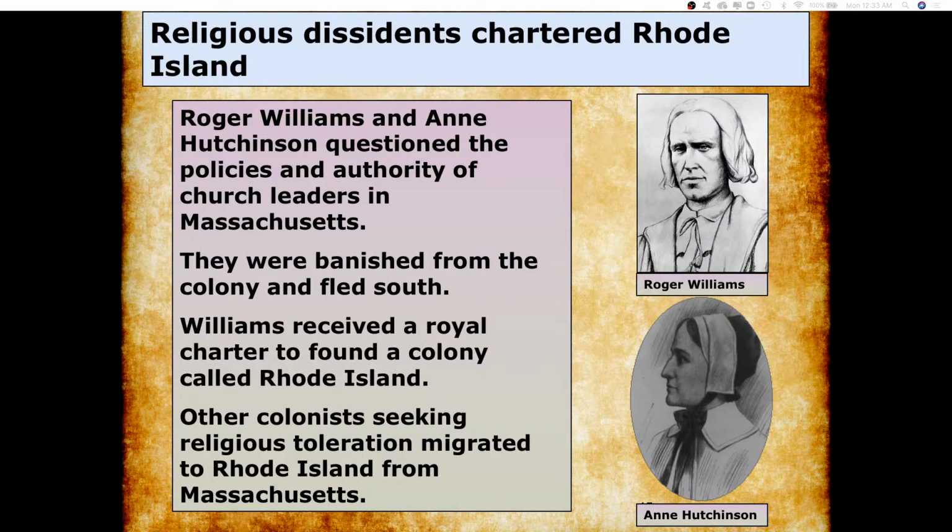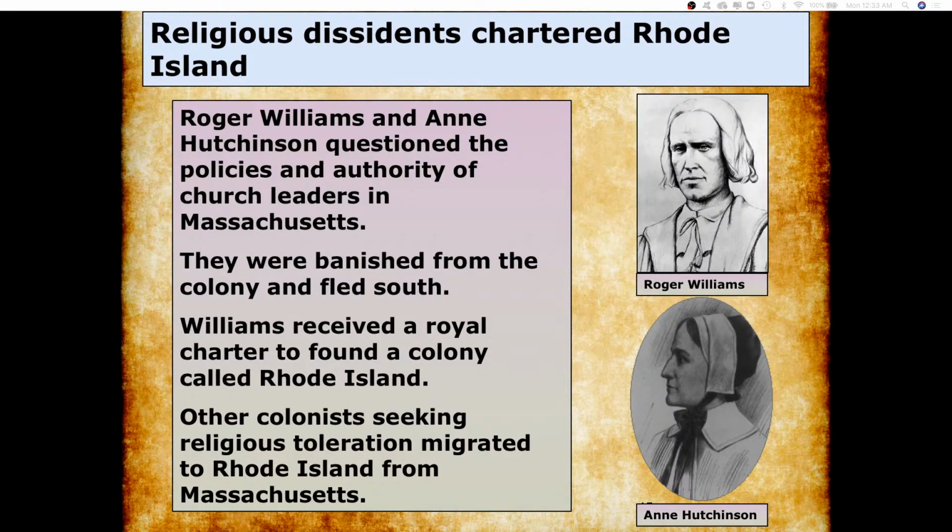So, yeah, this is why I bring up Rhode Island, though. Rhode Island is going to be founded on principles exactly opposite to what Massachusetts Bay does. Because Roger Williams was banished for expressing his beliefs. And so that's why Rhode Island is going to be the black sheep of New England.